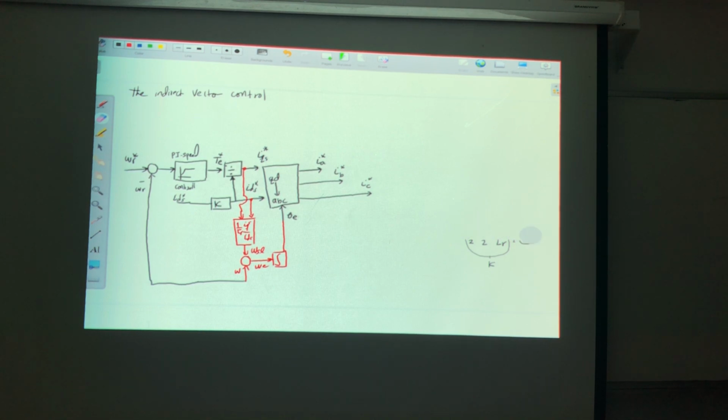Alright. Now let's do the hysteresis current control. For the hysteresis current control, I will compare the current with the actual current. Correct?